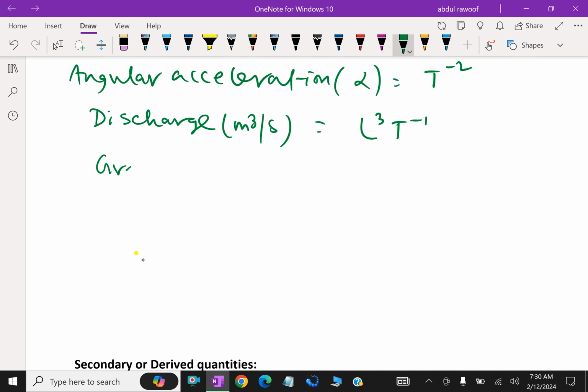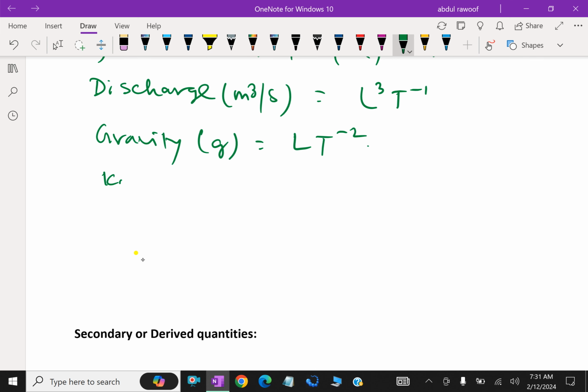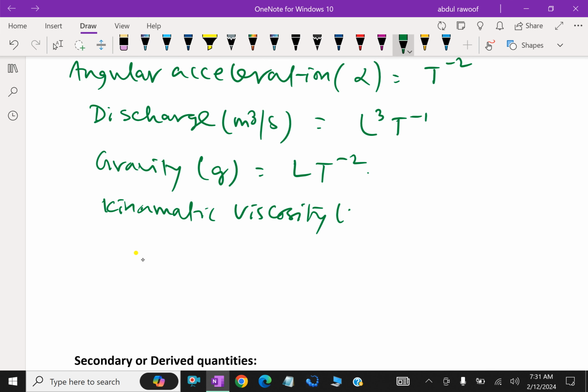Acceleration due to gravity, g, is meter per second square. Kinematic viscosity is equal to L square T power minus 1.